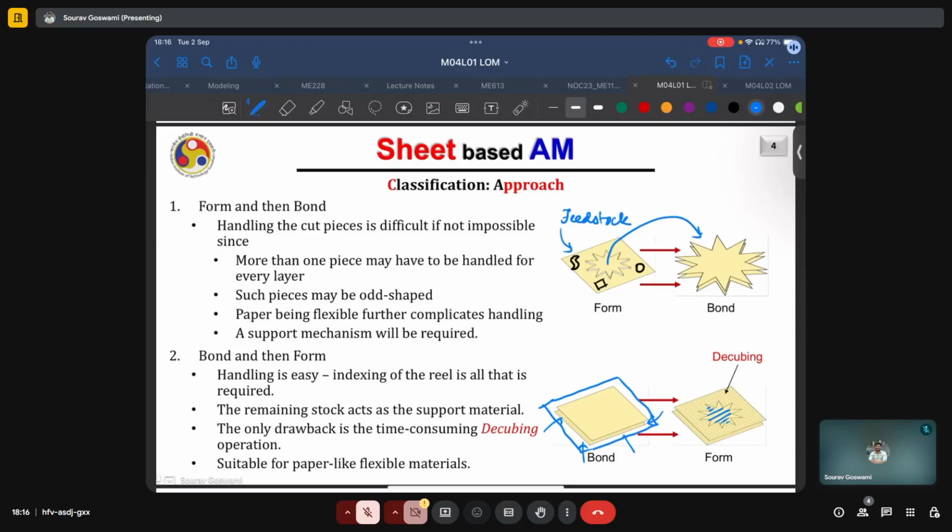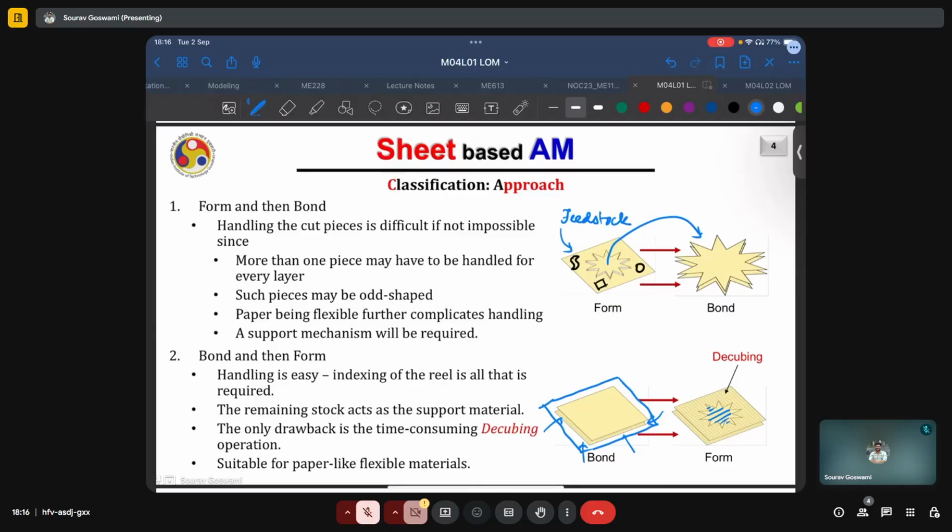The pieces themselves may be odd shaped and may not be self-supporting. If it is used with a paper feedstock, then paper being flexible will again complicate handling. It can bend or creases can form. And a support mechanism will be required in case we have overhangs between a layer and the next.